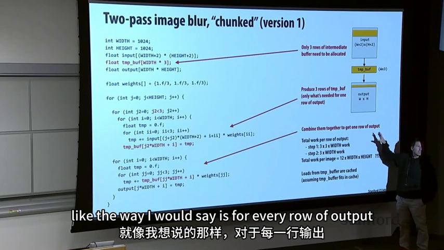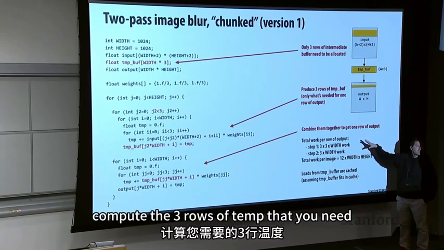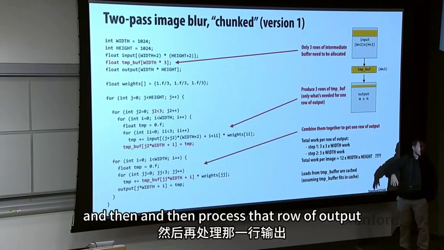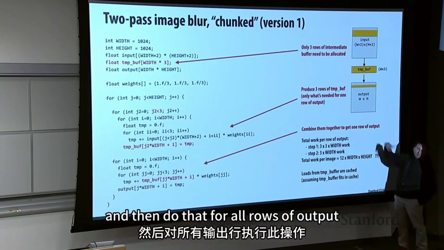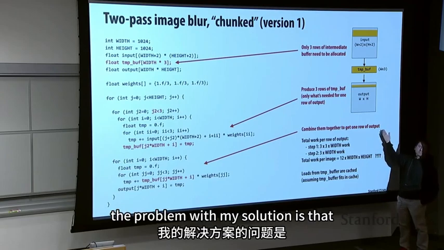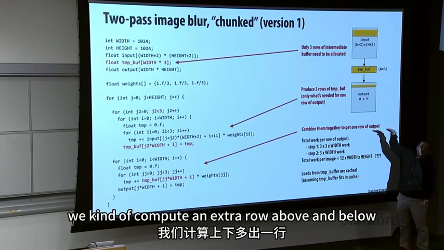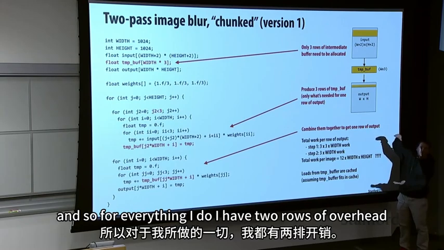The way I would say is for every row of output, independently, compute the 3 rows of temp that you need, and then process that row of output. And then do that for all rows of output. What you're saying is the problem with my solution is that for every row of output, we compute an extra row above and below. And so for everything I do, I have 2 rows of overhead.